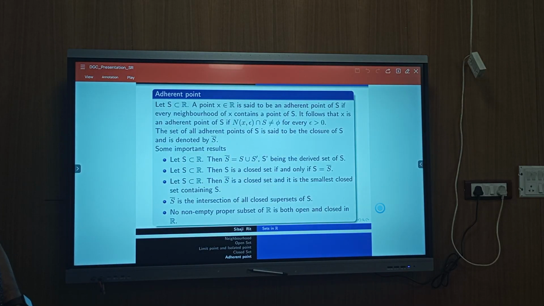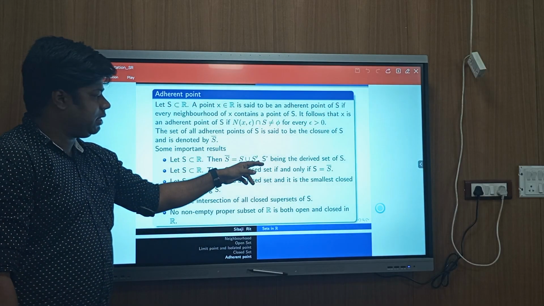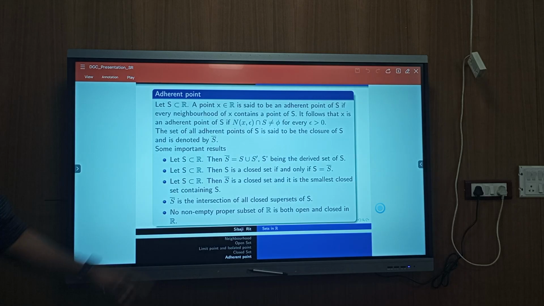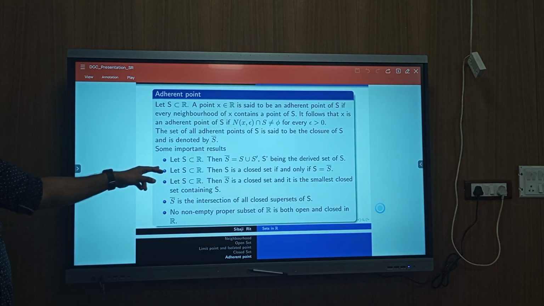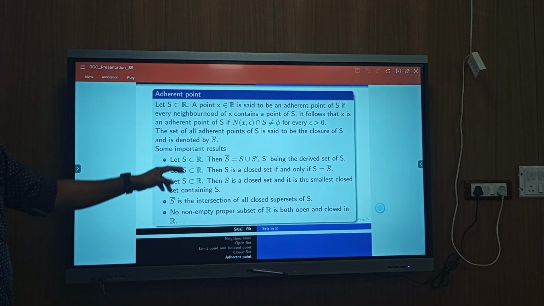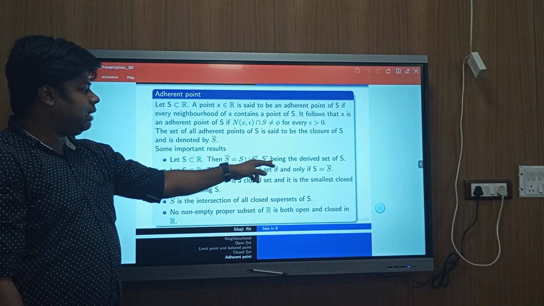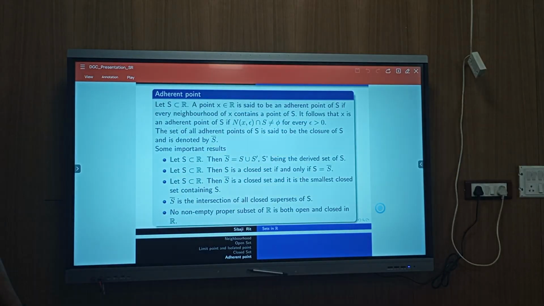Some important results: if S is a subset of R, then S bar equals S union S dash, S dash being the derived set. S subset of R is a closed set if and only if S equals S bar.